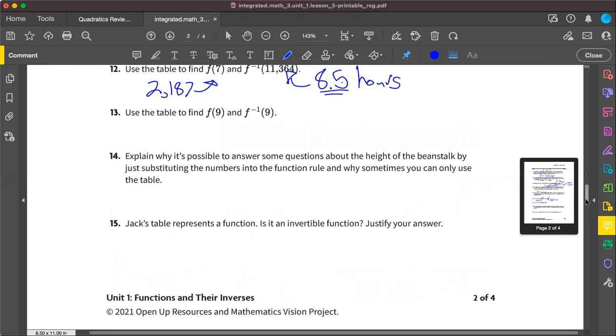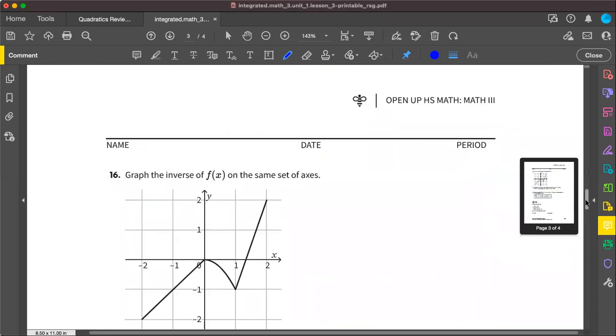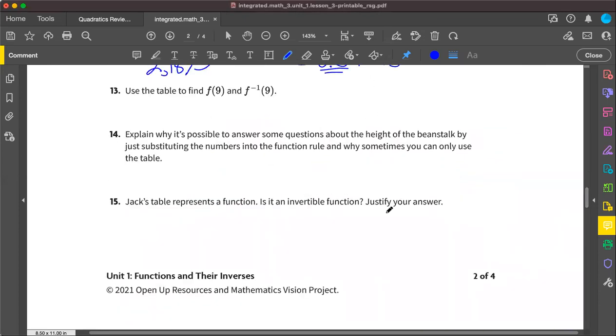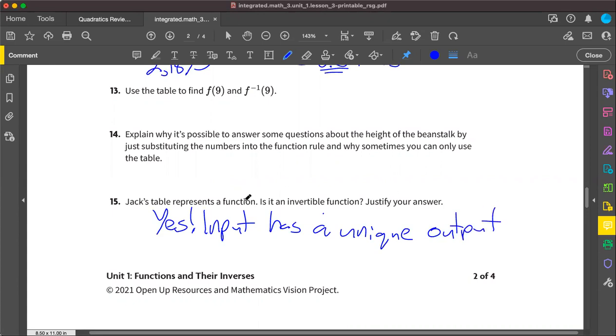You're then asked down here for 15, is this an invertible function? I'd say yes. Why is that? You could say that each input has a unique output. So what does that mean?